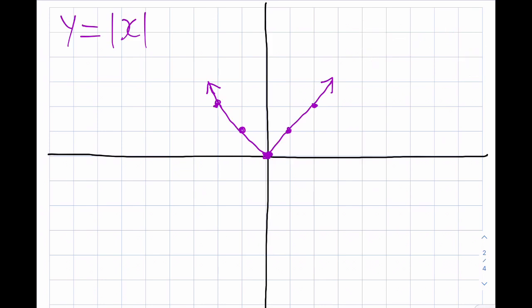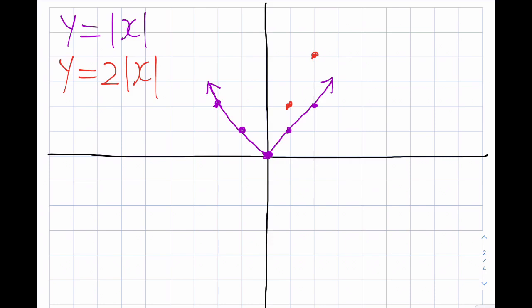So if we vertically stretch this function by the factor of 2, we will get y equals 2 times the absolute value of x. And if we graph this red function, when x is 1, y will be 2. When x is 2, y will be 4.